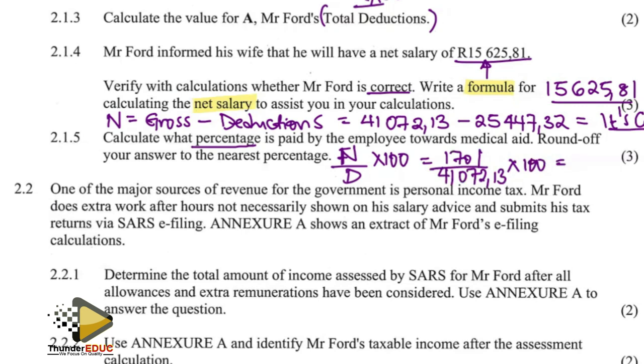You do that for me. Multiply by 100, you end up having 4.14, but they say to the nearest percentage, which is 4%.